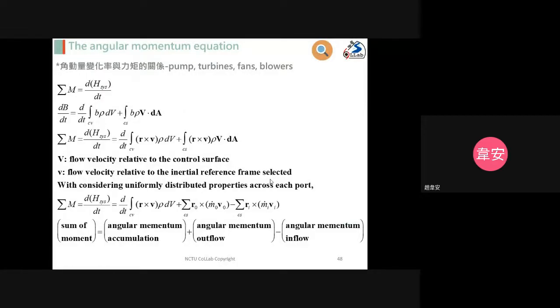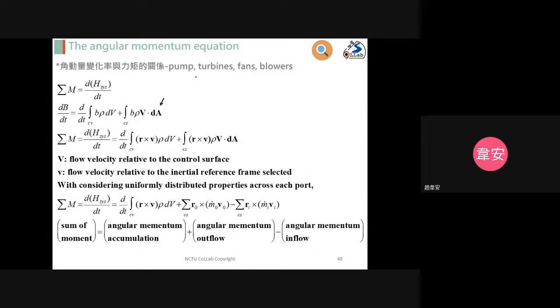Okay, so welcome back. So what are the angular momentum equations? As before, I would like to remind you, as you remember, the equation shown here is our Reynolds transport theorem.